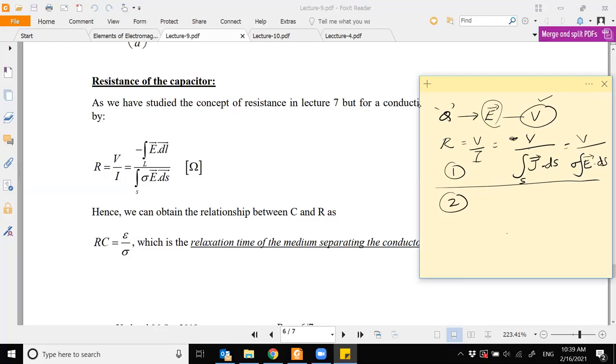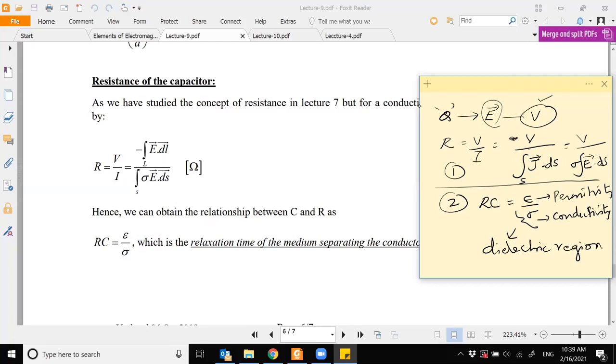Another way is that there is a relationship between the capacitance and the resistance of the dielectric region, the region separating the two conductors. It is RC equals epsilon over sigma, where this is the permittivity and this is the conductivity of the dielectric region, that is, the region which is separating the two conductors.